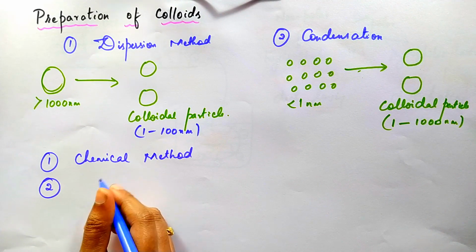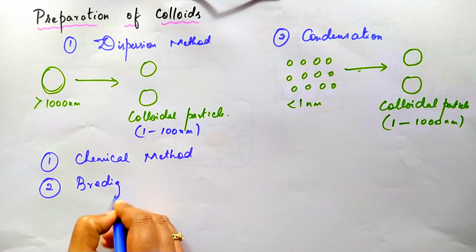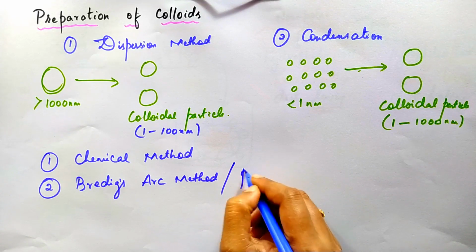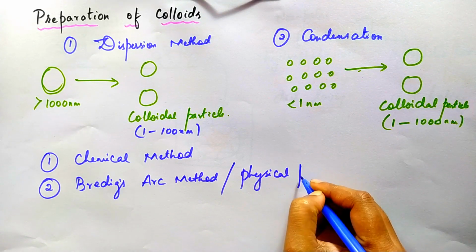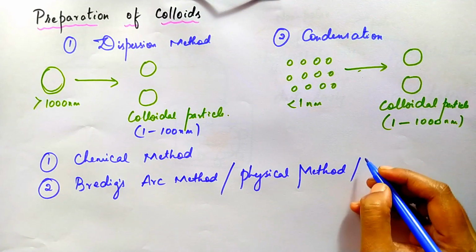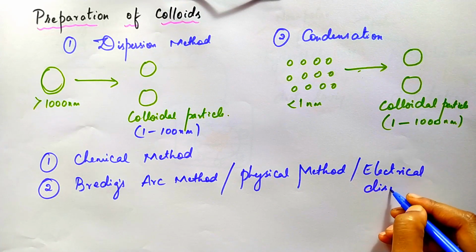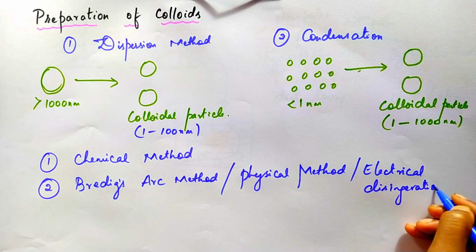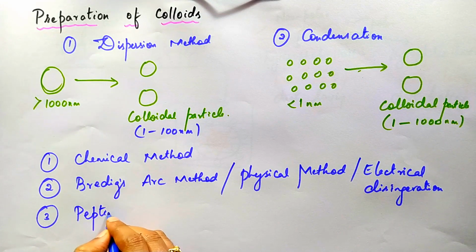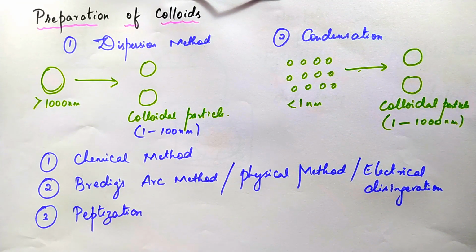And the second one is the physical method, or Bredig's arc method, or we can also call it electrical disintegration method. And the last one is peptization. These are the three methods used to prepare colloids.